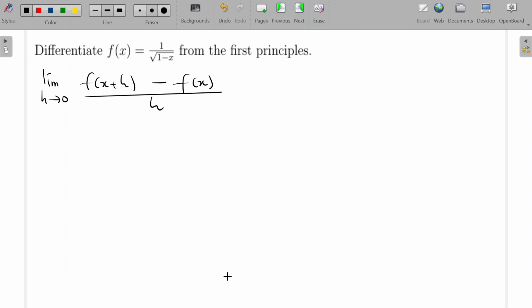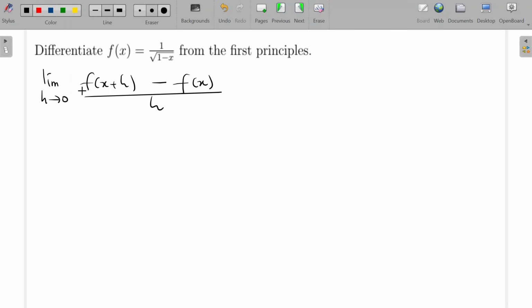Now you cannot plug in the 0 here, because it will make this entire thing undefined. So what you do is this.